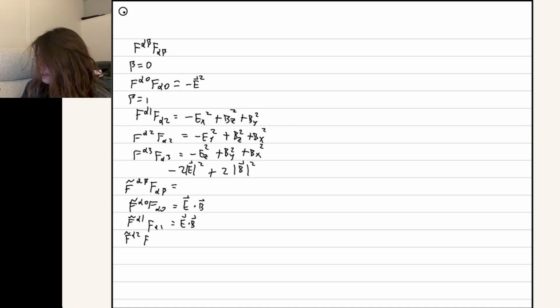Alpha 2 is also E dot B. And then finally the third column is also E dot B. Okay, so then the total is just 4 E dot B. That's fine.